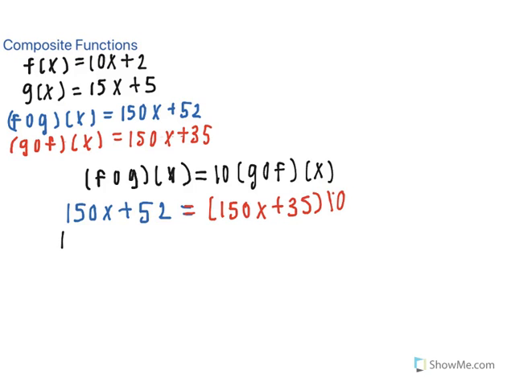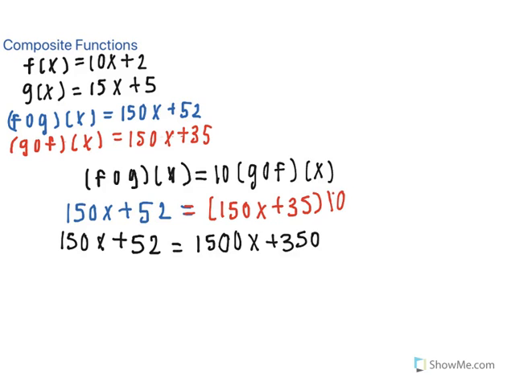Once we distribute, we would get 150x plus 52 equals 1,500x plus 350.